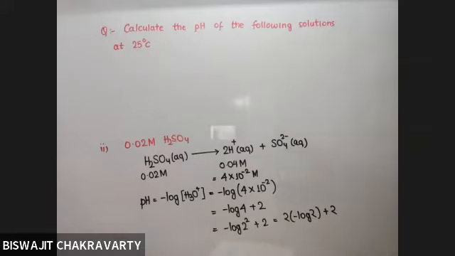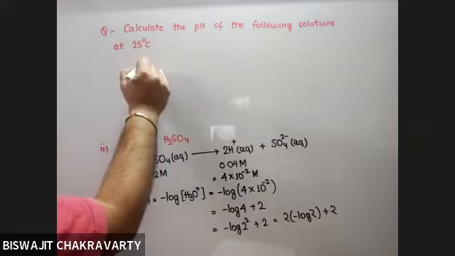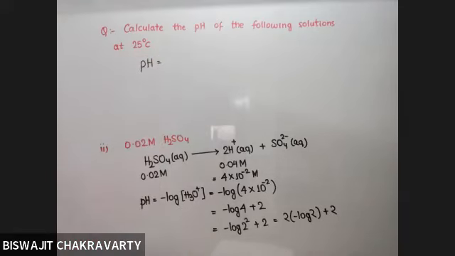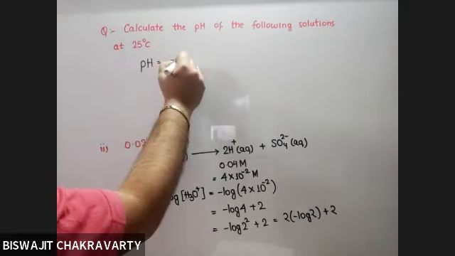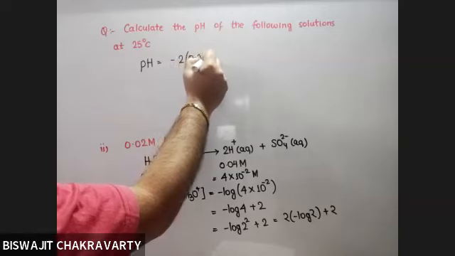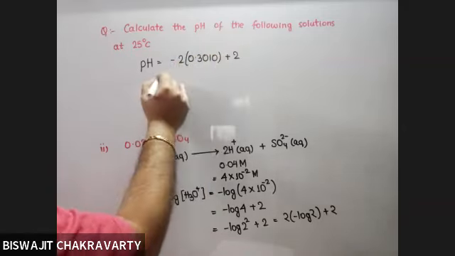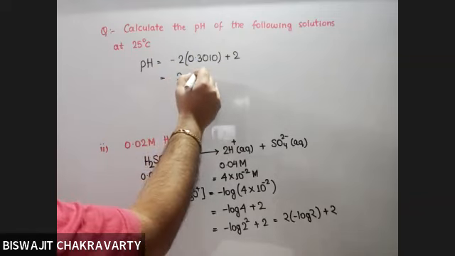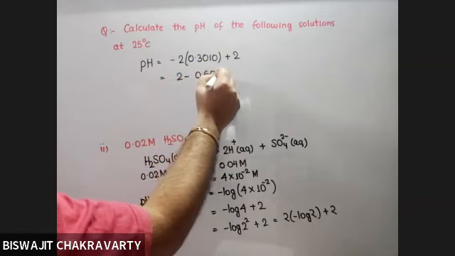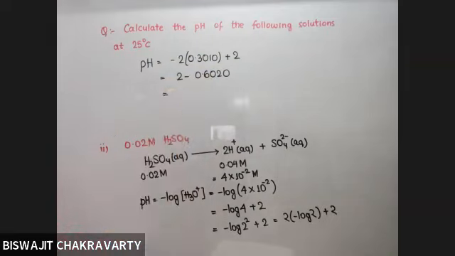So hence we get pH is equal to minus 2 into 0.3010 plus 2. So 2 minus 0.6020. How much does it come? This will be the pH of 0.02 molar H2SO4. How much will it come?